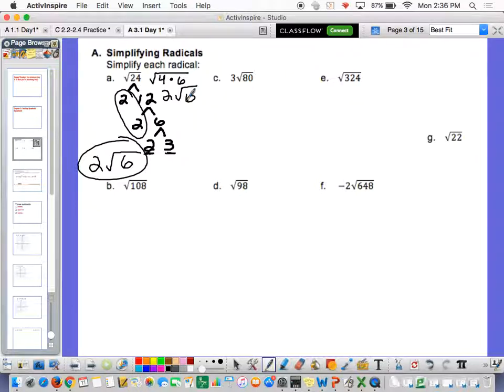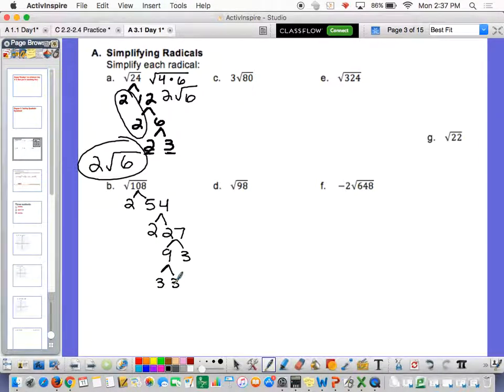Okay. So for B, I always like to, if it's even, start with 2. I'm not really sure why I choose to do that. I just know that any even number is divisible by 2, so that helps. And then 108 divided by 2 is 54. Okay, and then 54 breaks down into 2 and 27. 27 breaks down into 9 and 3. And 9 breaks down into 3 and 3.